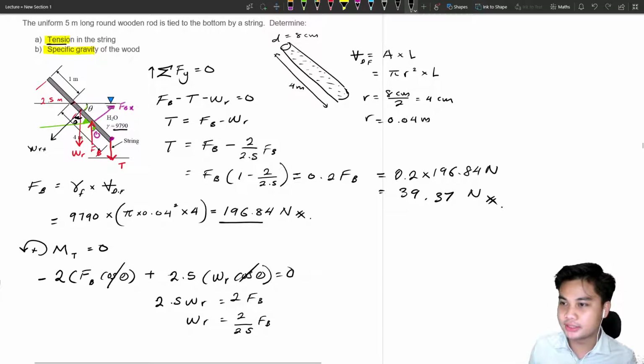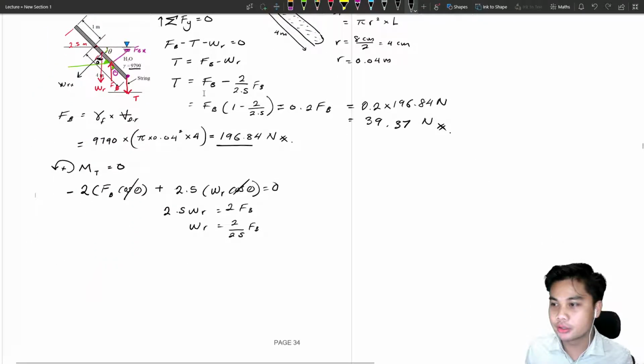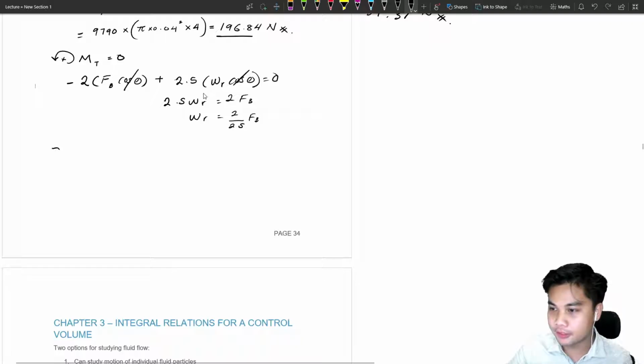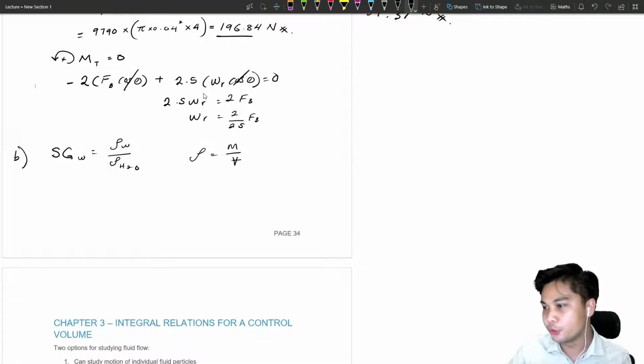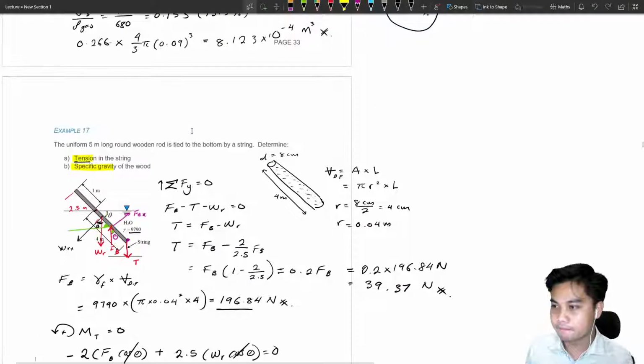Next, the question asks the specific gravity of the wood. How to get the specific gravity of the wood? This is question B. It is the density of the wood over the density of the water. For this case, the density of water we know already, 1000. And the density of the wood, where density equals mass over volume.